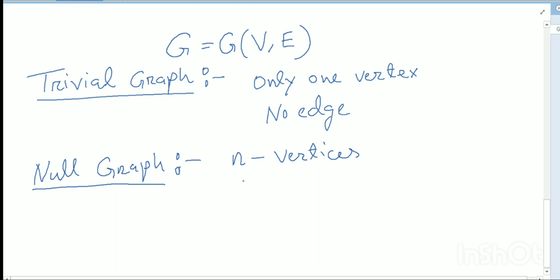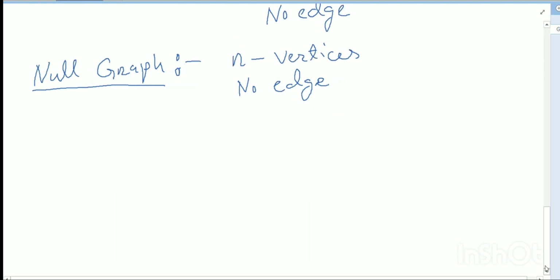Now I will give some examples of graphs you need to know, the trivial graph, the null graph, etc. Trivial graph: only one vertex, no edge. Null graph: n vertices, no edge. A graph consisting of only one vertex and no edge is called a trivial graph. A graph consisting of n vertices and no edges is called a null graph.